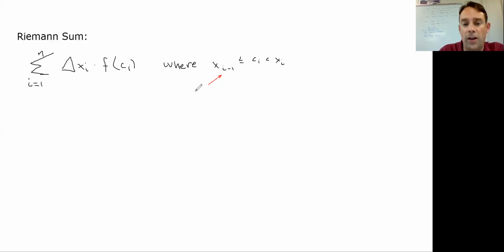That's essentially the x value for a left sum. And we get this value over here, the x sub I. That was essentially the x value we looked at last class for a right sum. And again, we don't have to go too terribly long on a lot of this kind of stuff here.